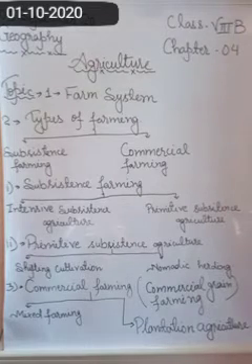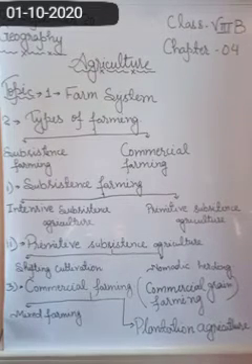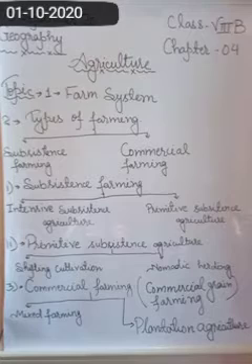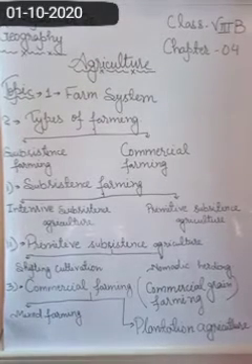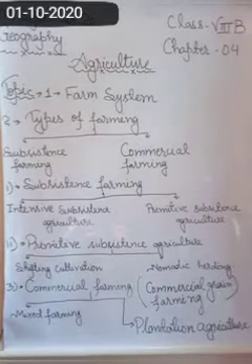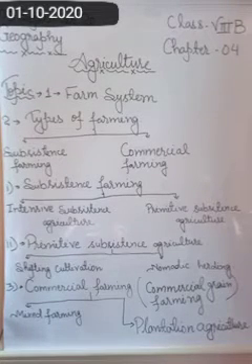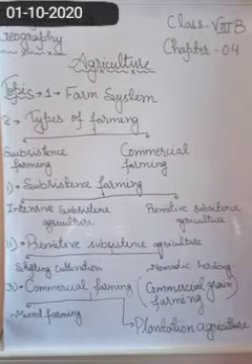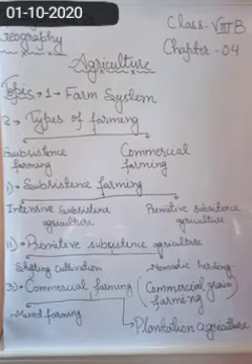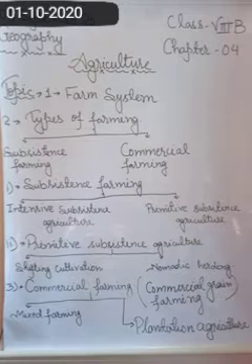So students, in this method, a plot of land is cleared by felling the trees, and after felling the trees, tribals burn them. And when the ashes are mixed with the soil, they make the soil most fertile.